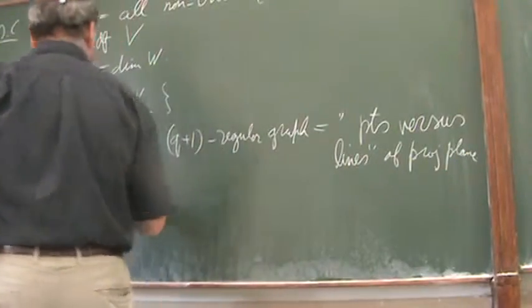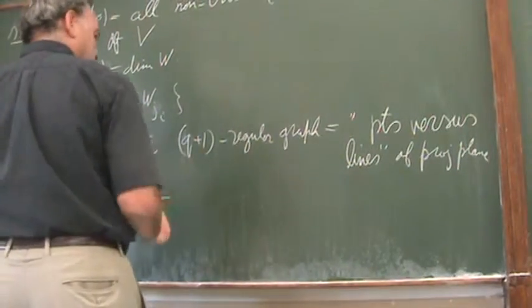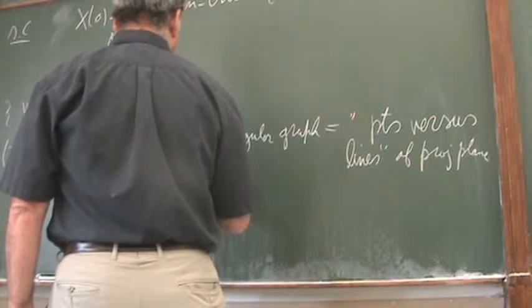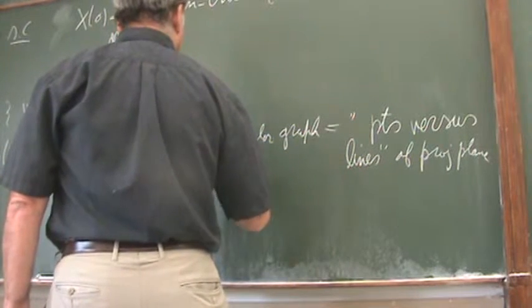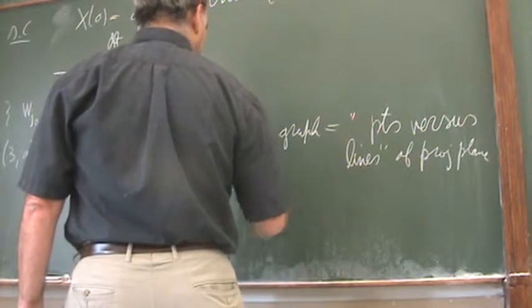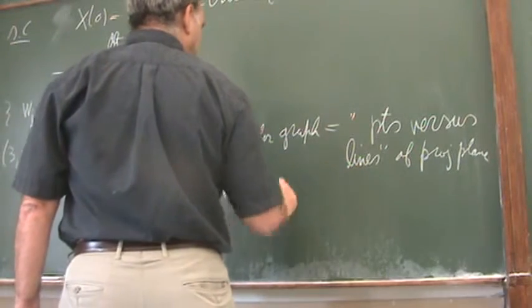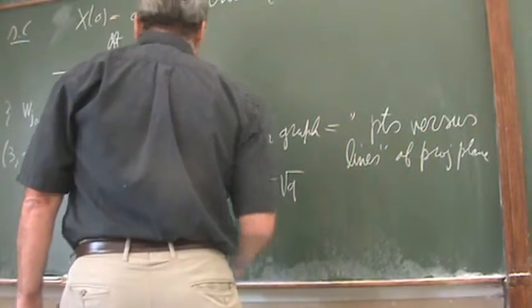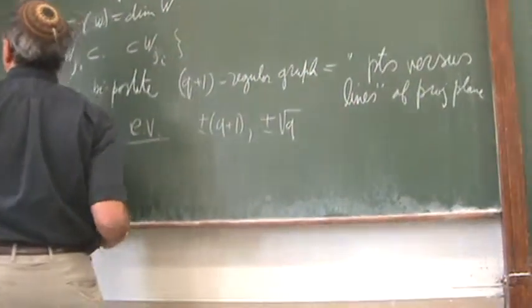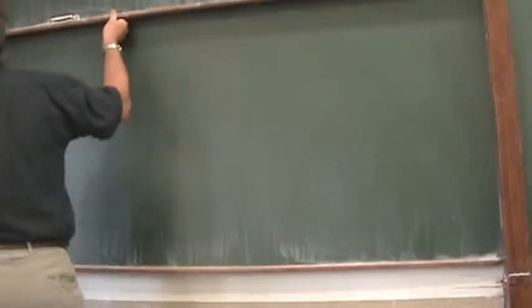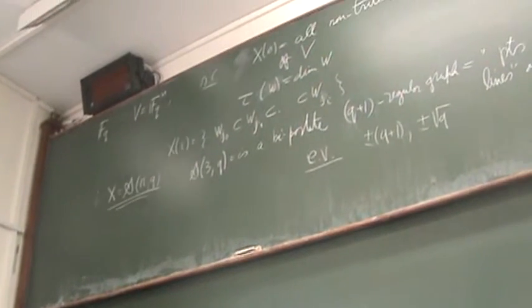And the eigenvalues in this case were plus minus q plus 1, each one with multiplicity one, and plus minus square root of q, each one with very high multiplicity, which we can calculate.